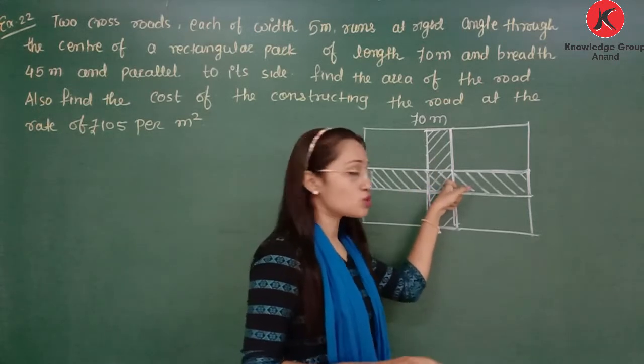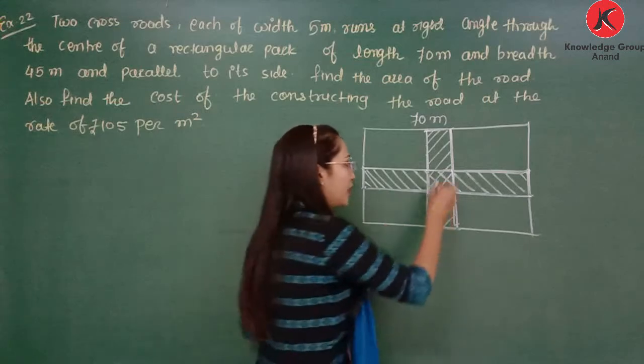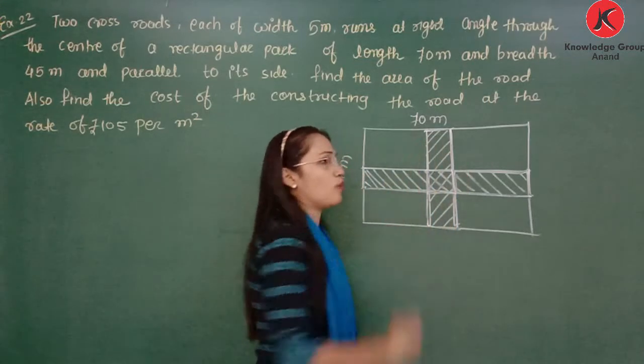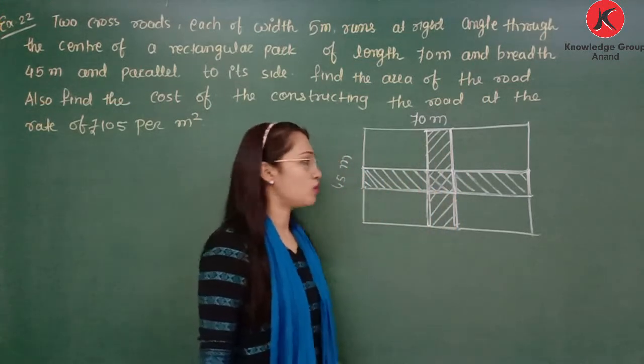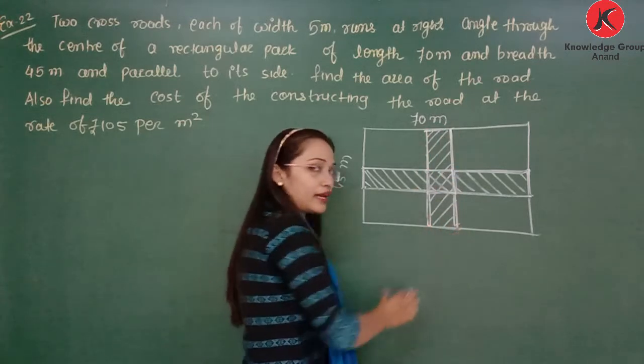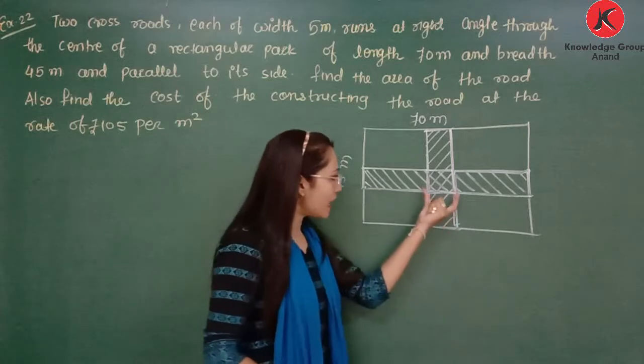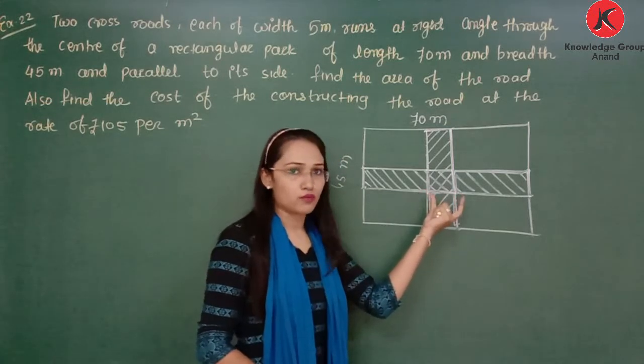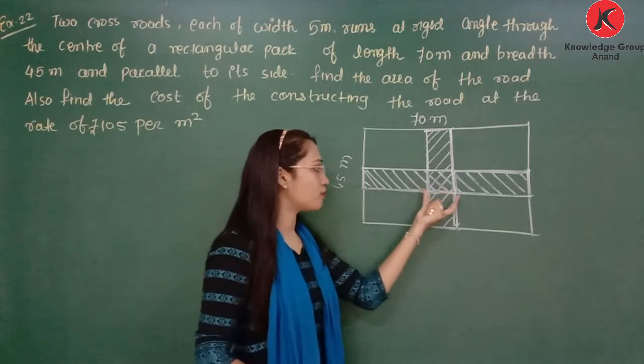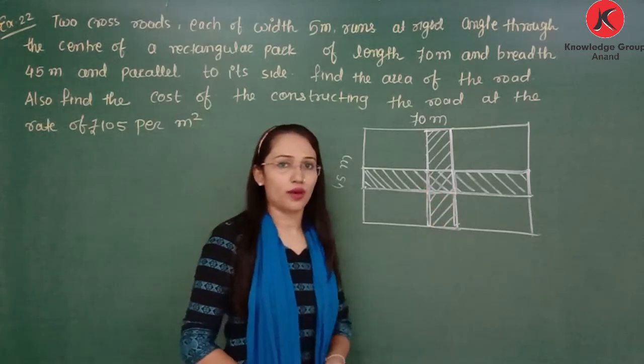That's why whenever we solve the example, we need to subtract the area of this square. Clear? Because this central area will be calculated 2 times. That's why we need to subtract 1 time the area of the center square.